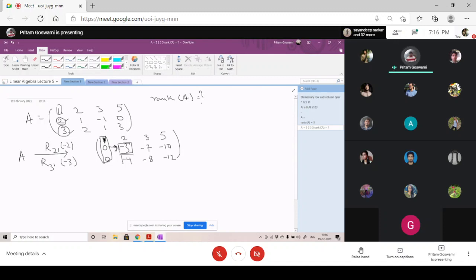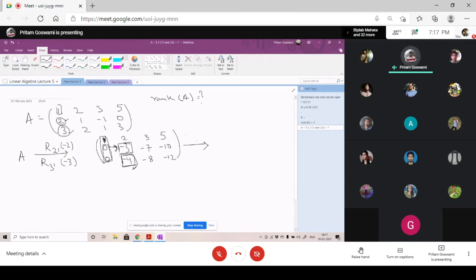Now the target is to make this one 0. Clear? Yes, sir. So what operation do you need here? You want to make this 0, and you want to maintain these zeros also.